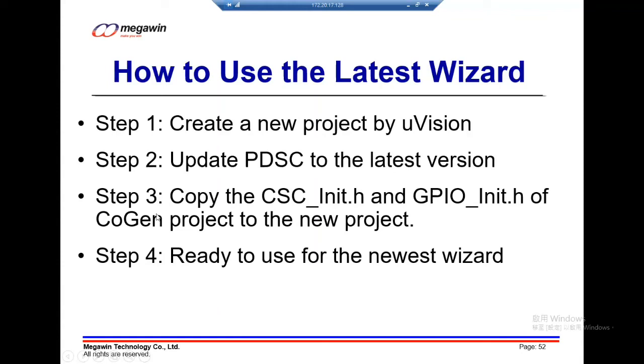Then you need to copy the CSC initial .h and the GPIO underscore initial .h files which were created by the CoGen project to the project location created by the new wizard version.